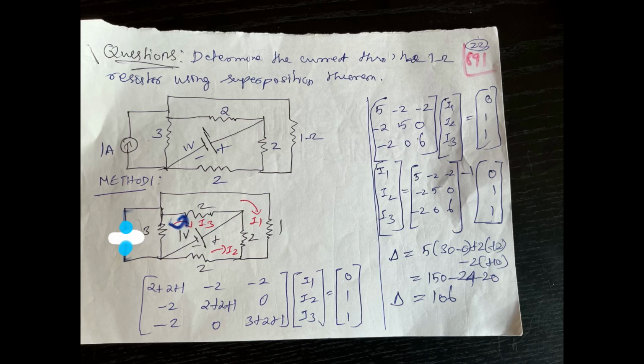The first mesh contains 2 plus 2 plus 1 ohm resistance. The second mesh contains 2 plus 2 plus 1. The third mesh contains 3 plus 2 plus 2, that is 3 plus 2 plus 1.